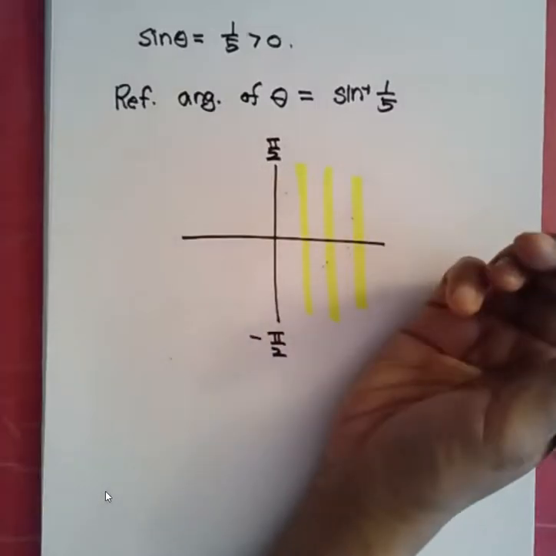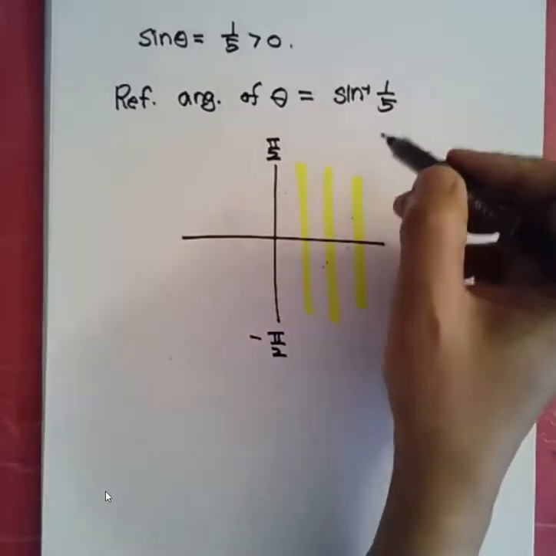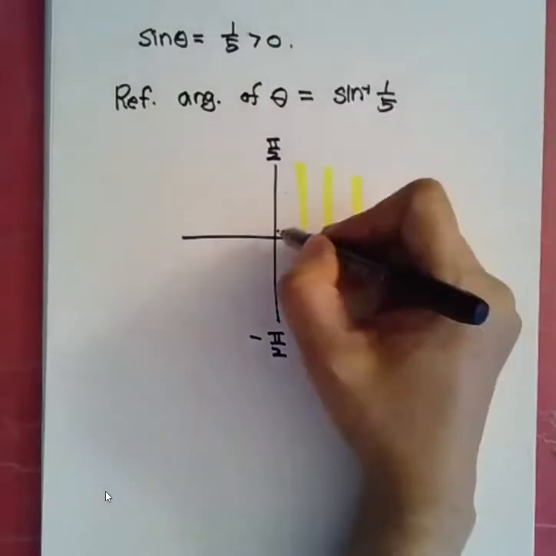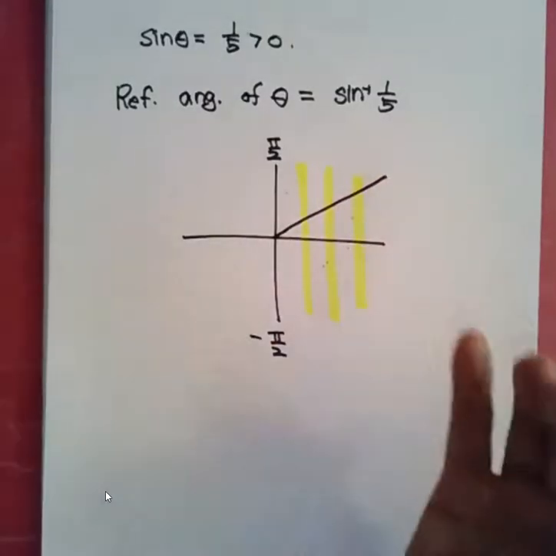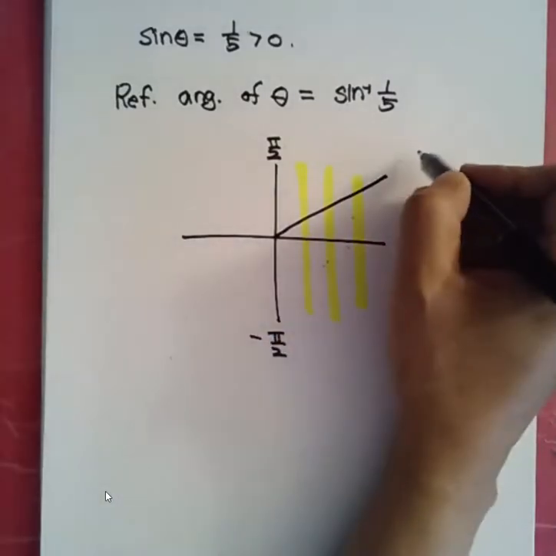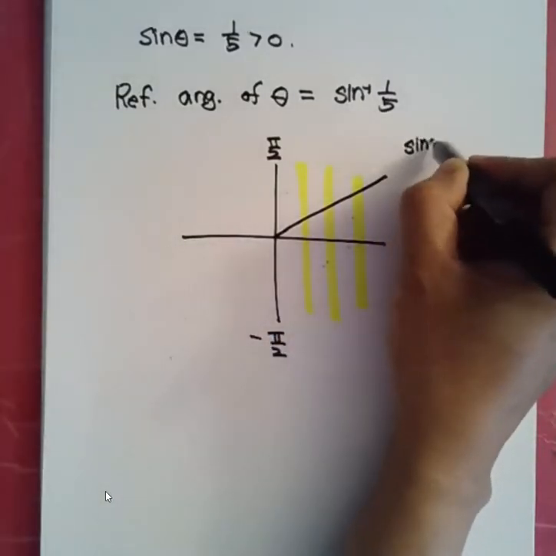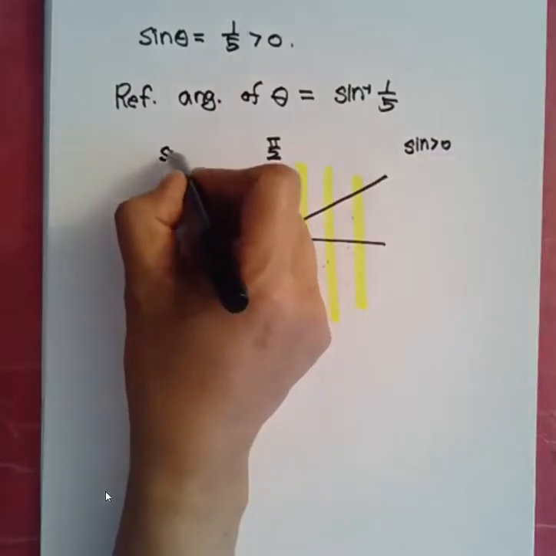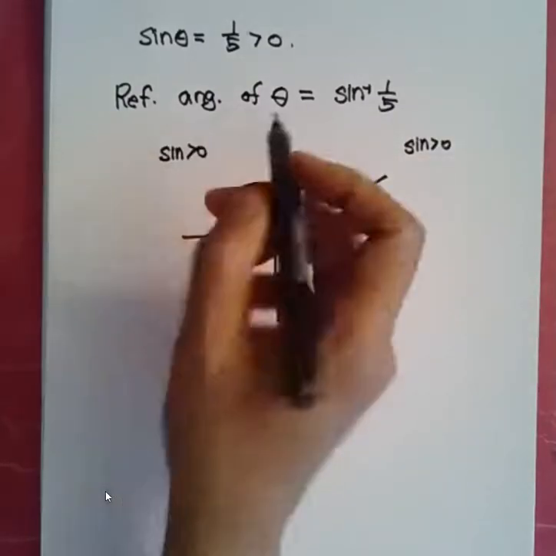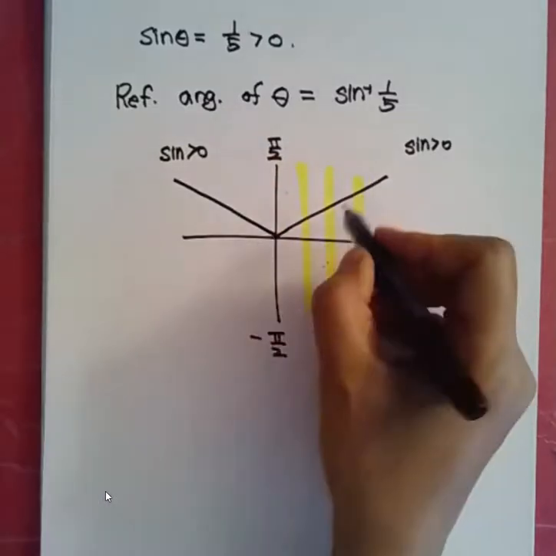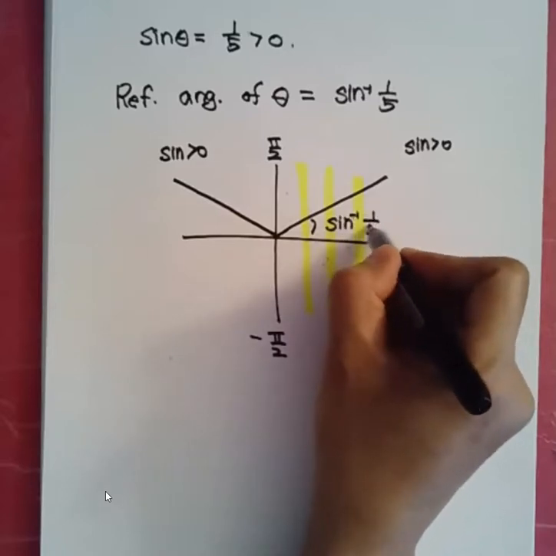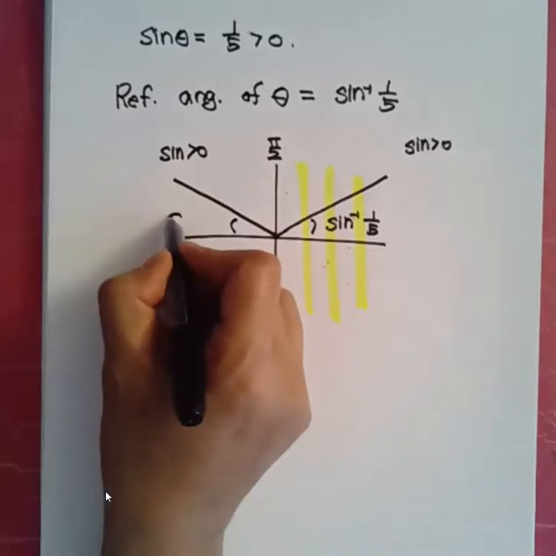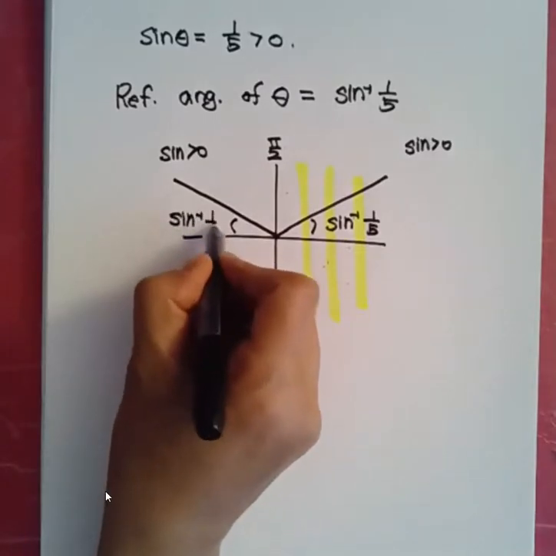If you use your calculator, then the calculator answer will be the angle in the first quadrant. So that is an acute angle, and that will become a reference angle because sine is positive in the first and second quadrant. So this reference angle is sine inverse of 1/5, and this reference angle is sine inverse of 1 over 5.